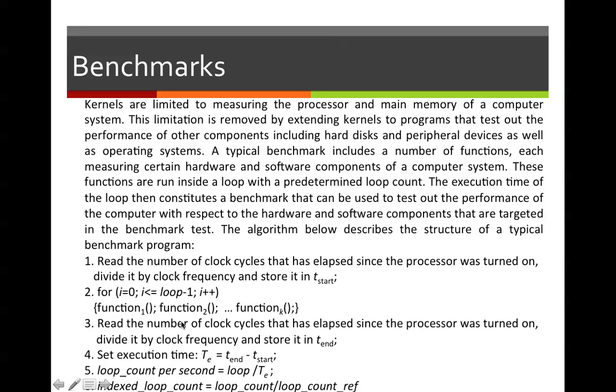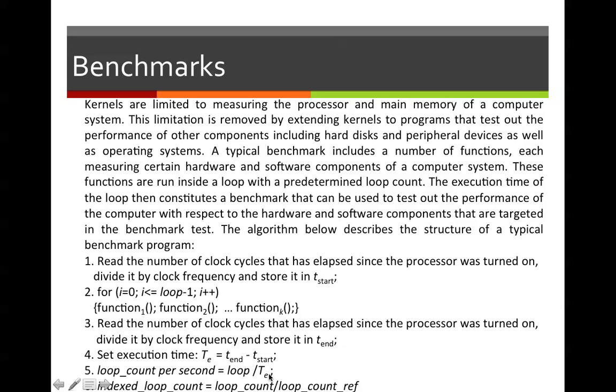And then you do the execution, and then you read the time again. So the difference is basically the total execution time. What you do then, you compute what's called loop count per second. So you take the number of times you computed this, which is the loop quantity, and divide it by TE. So as TE becomes large, your loop count becomes small.